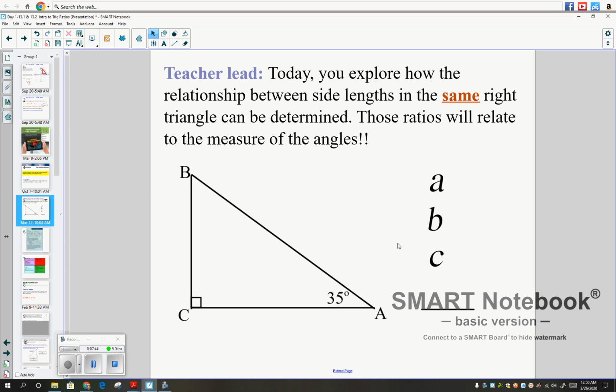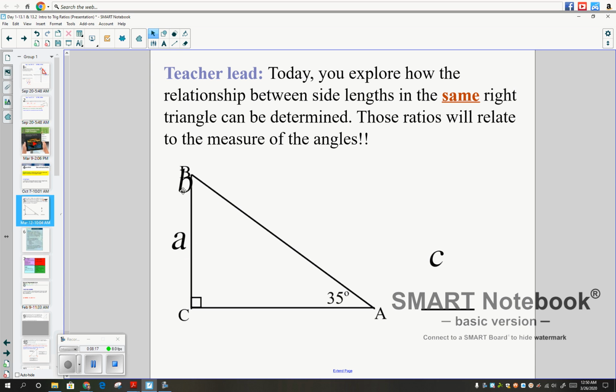One thing we have to talk about here, you don't have this in your notes, is when we talk about naming sides. So if I have a triangle ABC, remember we would name angles with capital letters while we name sides with lowercase letters. As you see right here, I've got A, B, and a C. Well, side a is going to be across from angle A. Here's angle A. If I go all the way across from it, there's side a.